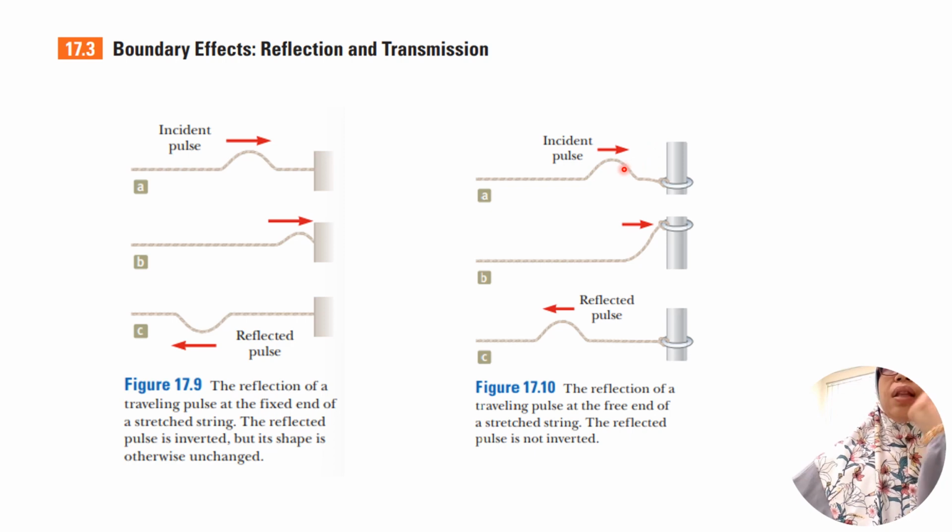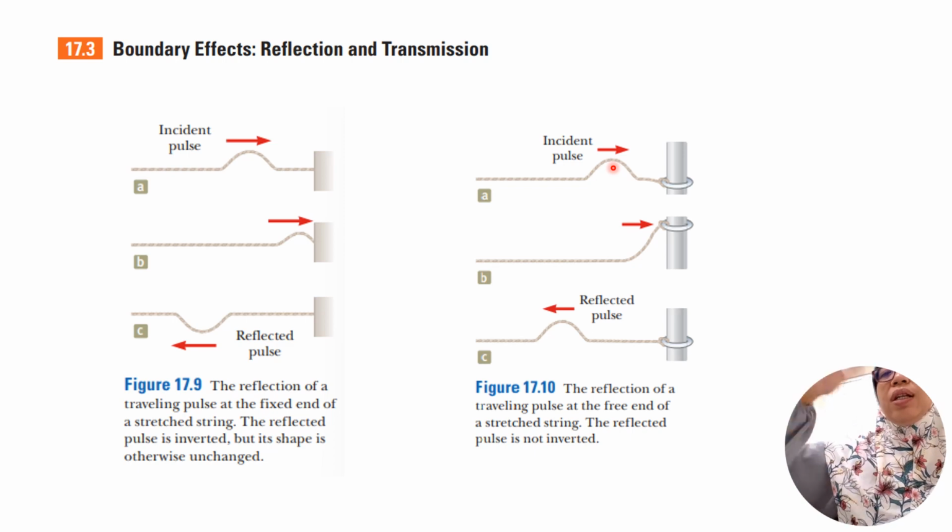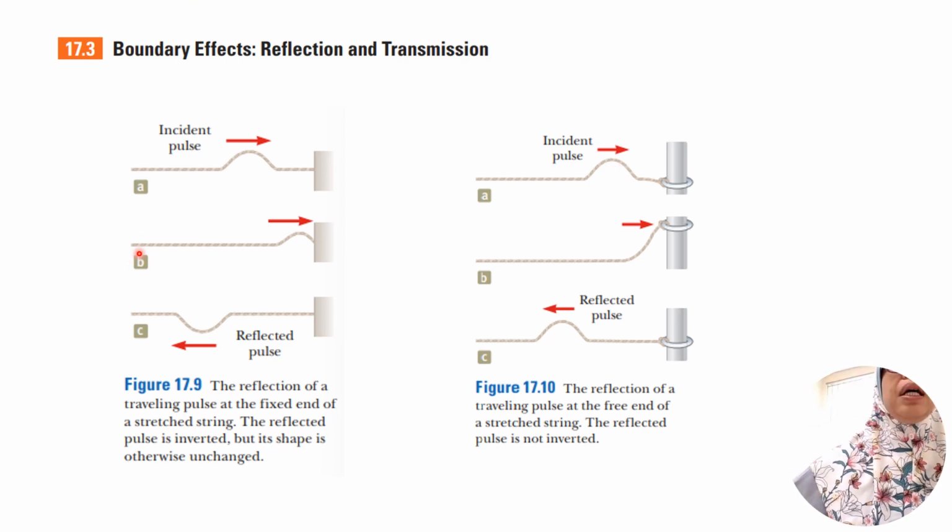When things are reflected, similar to what we observe of our image inside a mirror, the left becomes right, right becomes left. However, our body does not turn upside down. But in the case of an incident pulse or wave over here, that is originally upright, after it gets reflected, it gets inverted in the opposite direction.